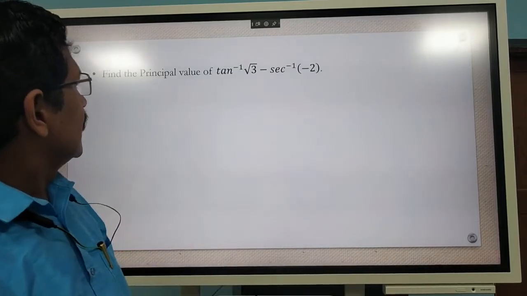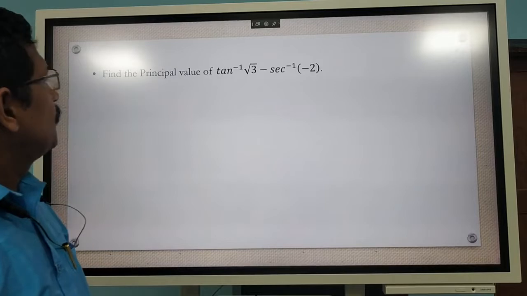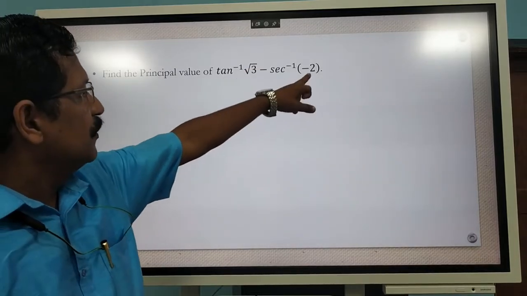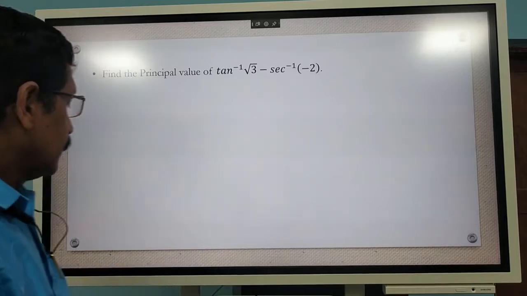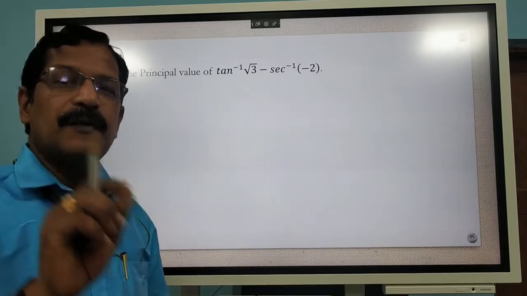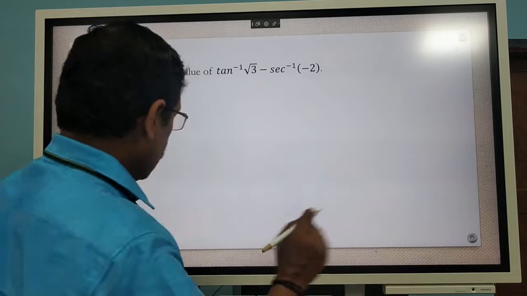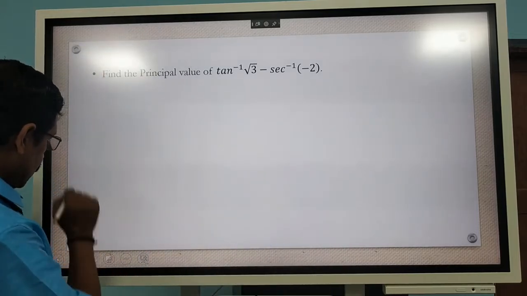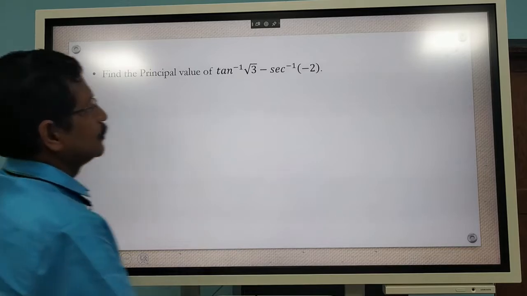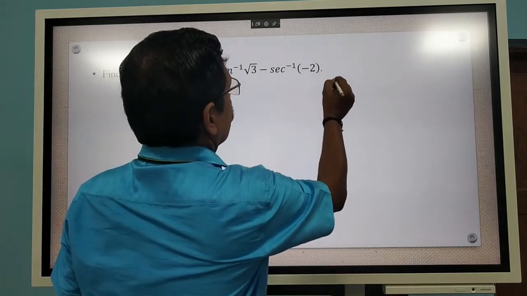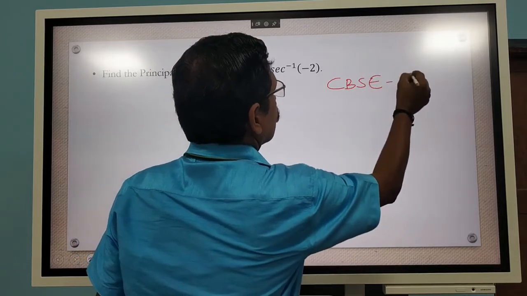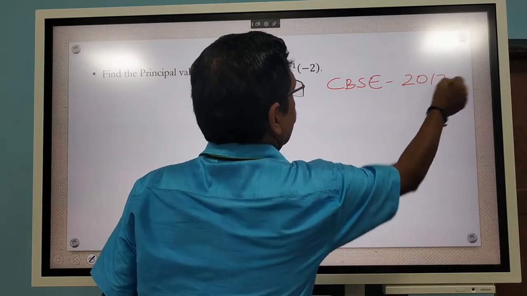Let us discuss this question. Find the principal value of tan inverse root 3 minus sec inverse minus 2. It is a CBSE board exam question, which was asked in CBSE 2012.